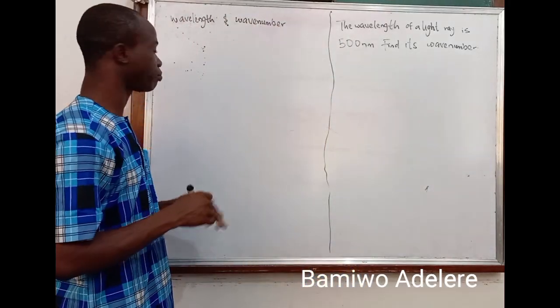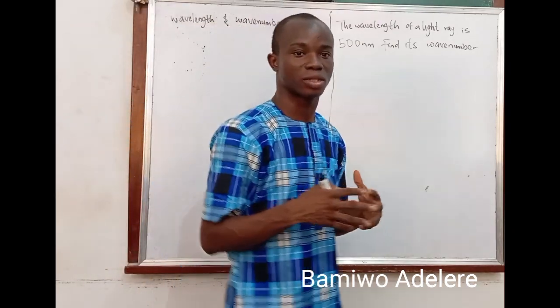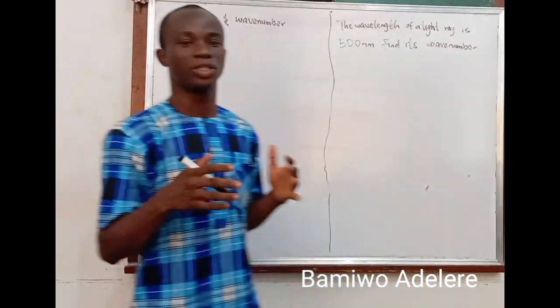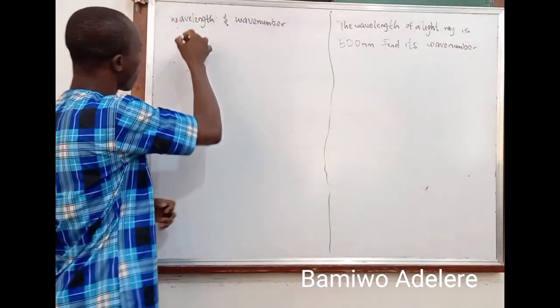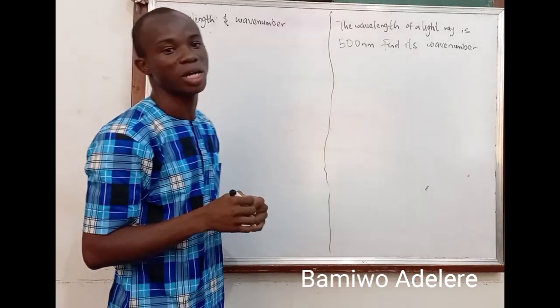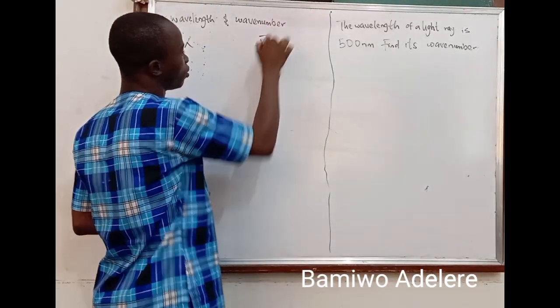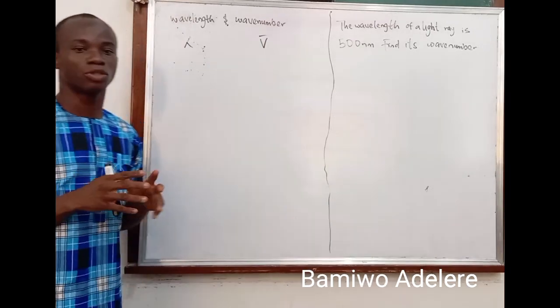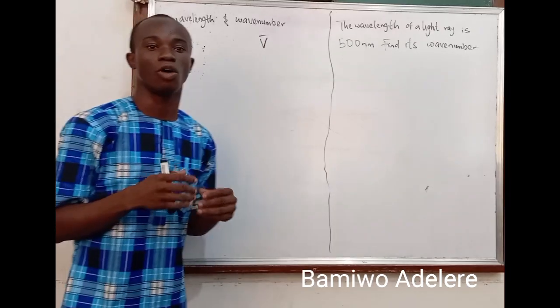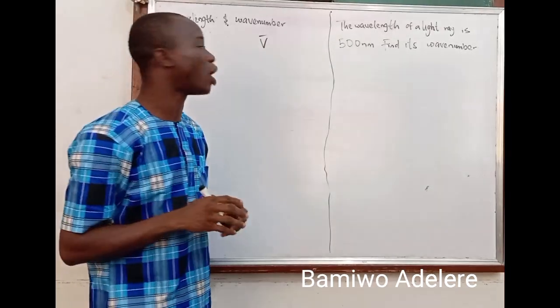So to start with, wavelength is usually denoted by lambda, while wave number is denoted by this. Now, the relationship between the two of them is that they are reciprocal of one another.